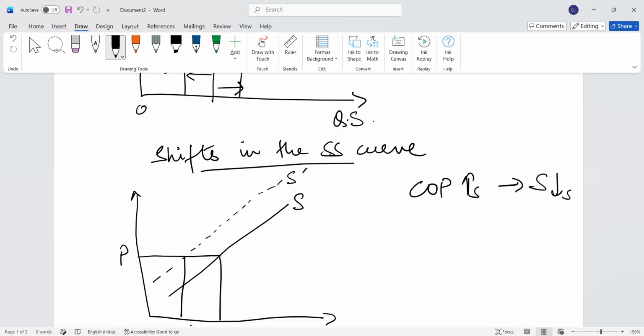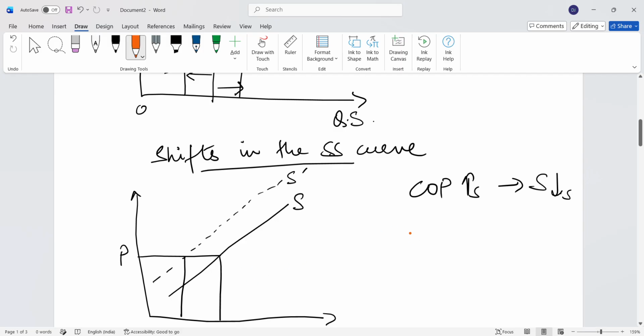Any factor except price that is leading to a decrease in supply, such as an increase in taxes, or a bad technology that a firm has taken up that has increased its cost of production, will shift the supply curve towards the left at the same price level.